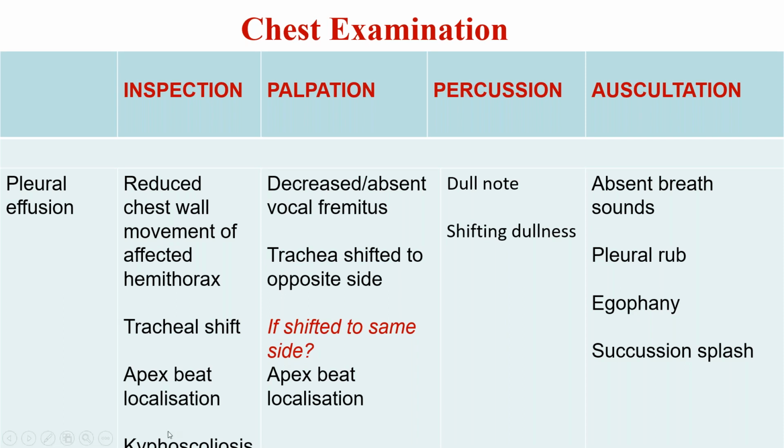If it is shifted to the same side, that means there is also an associated collapse of the lung on the same side, which may be due to an endobronchial growth or foreign body or whatever it is. On percussion, there is a dull note and shifting dullness.